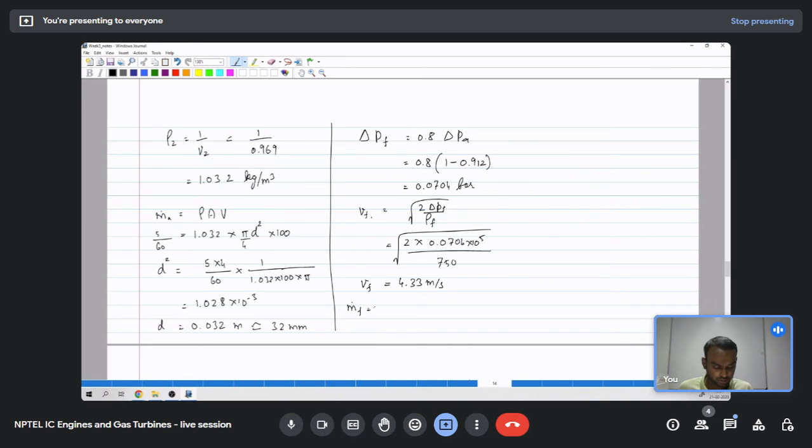M dot F is equal to 0.5 by 60, so this should be equal to rho into area into velocity of the fuel. So that is 0.5 by 60 is 750 into pi by 4 d square into velocity 4.33. So we have d square. So this is, I would say, not the throat diameter, this is orifice diameter, DO.